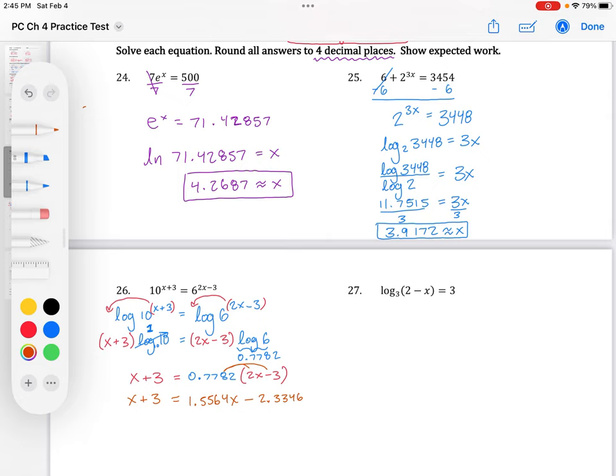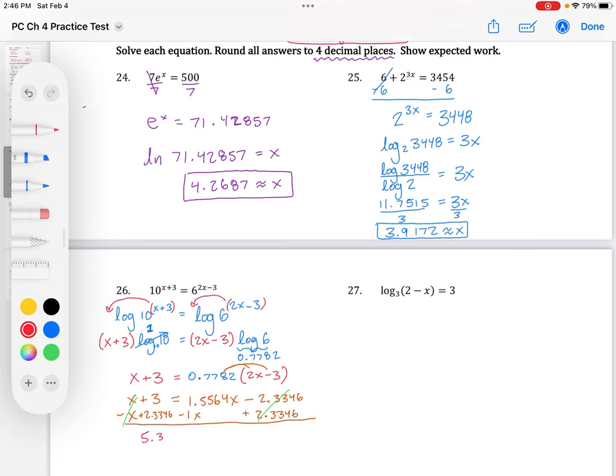All right, so now I'm going to get all my x's on one side, so I'm going to subtract this x here, and then I'll do this at the same time: I'm going to add the 2.3346 over to this 3, plus 2.3346. So here my x cancels, here that 2.3346 cancels.